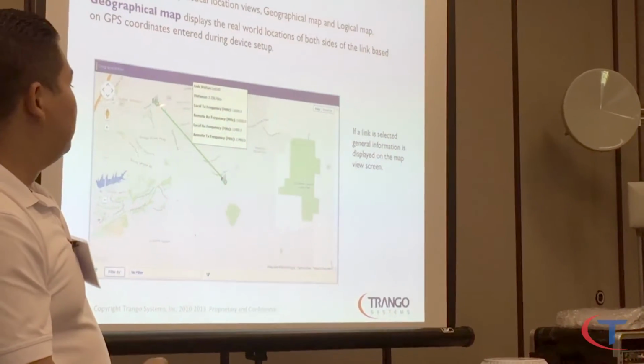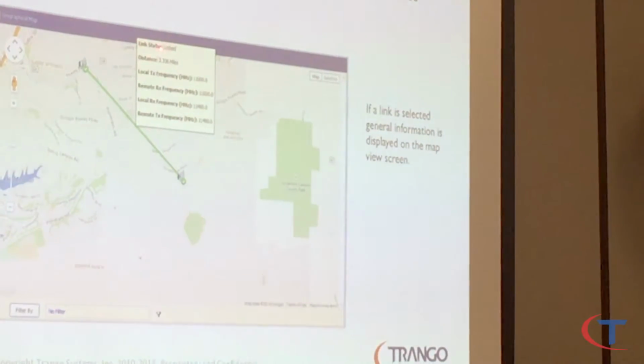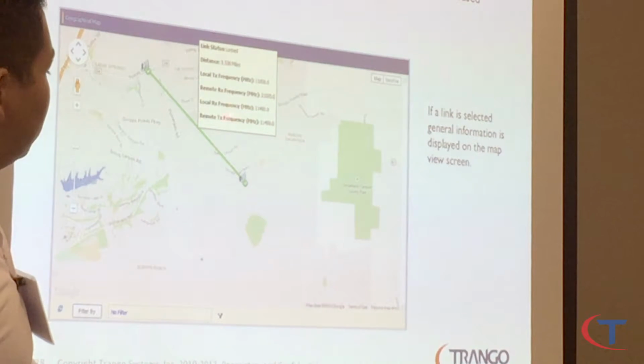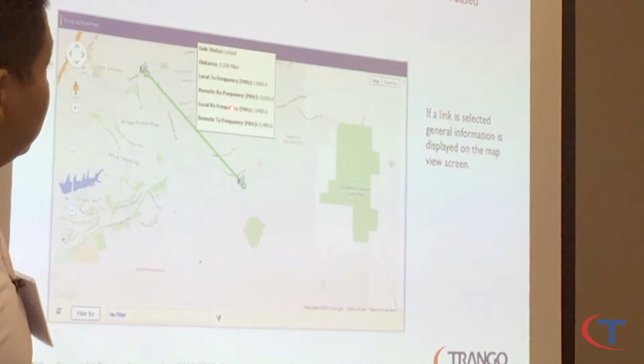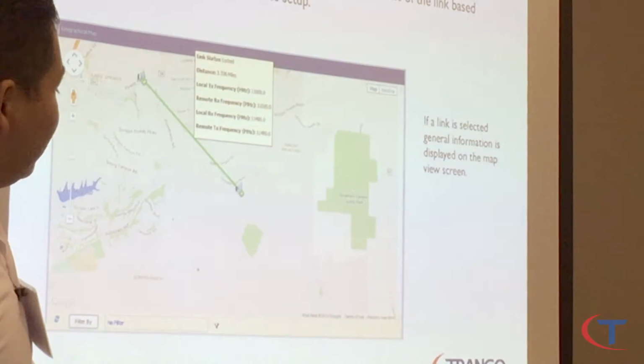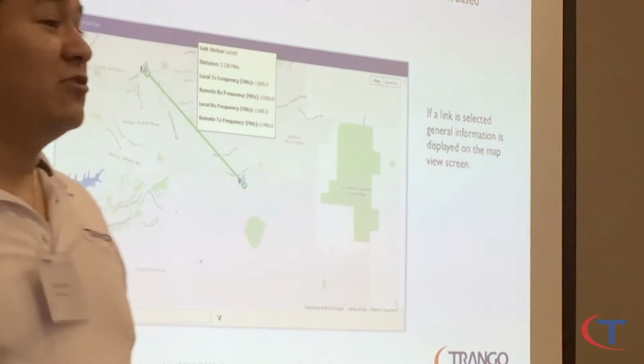So you will see, again, the line is the up or down link status, lock, distance in miles, the transmit and receive frequency, the duplex, and you have your green line. And again, what does your boss want to see? What are we monitoring? We want to see the links are up and running.